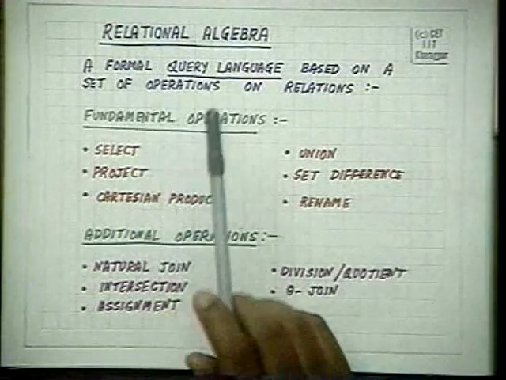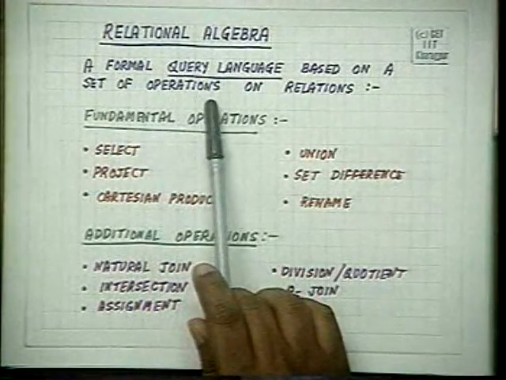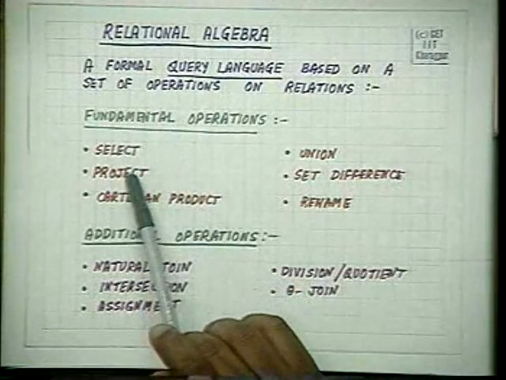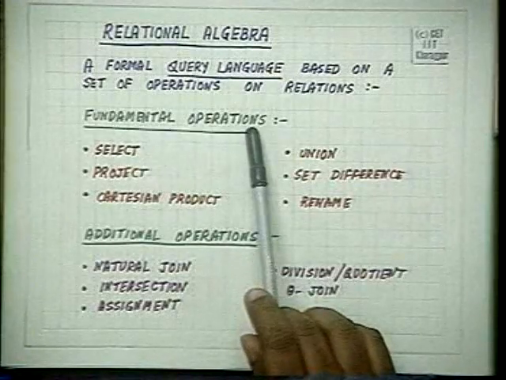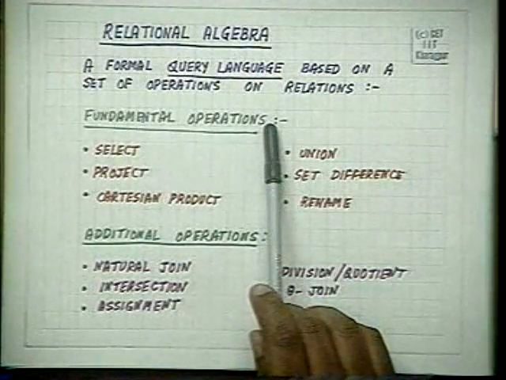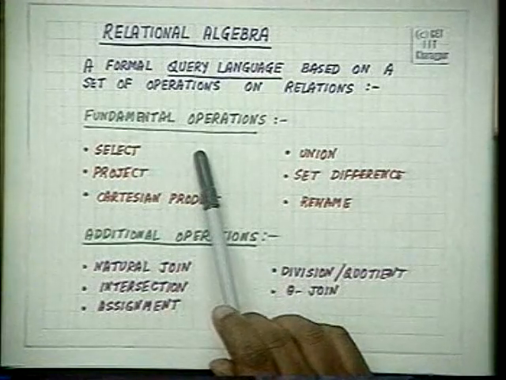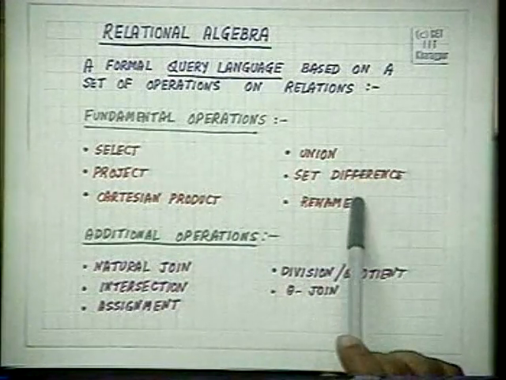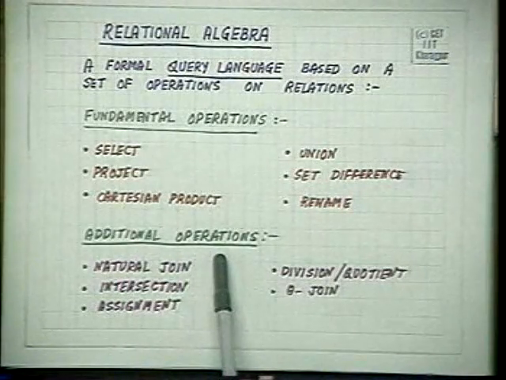In the relational algebra, we have got a set of fundamental operations. These fundamental operations are predefined relations defined using set theory concepts. We have got some additional operations as well.